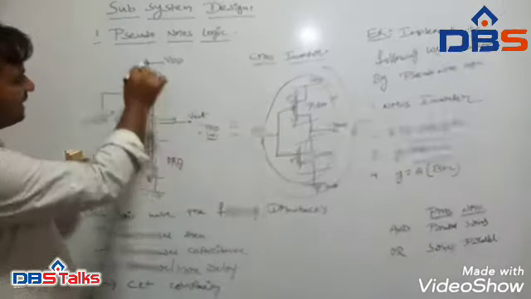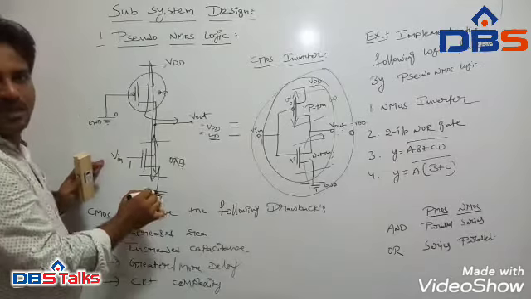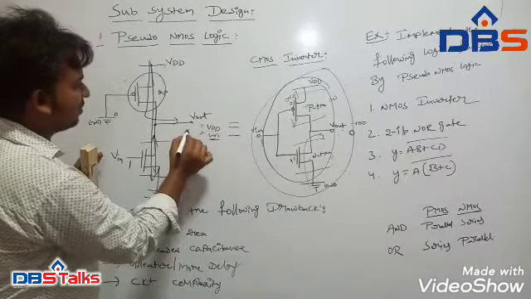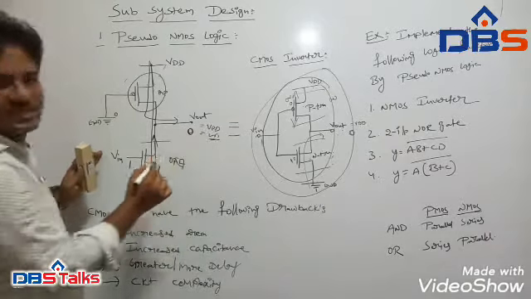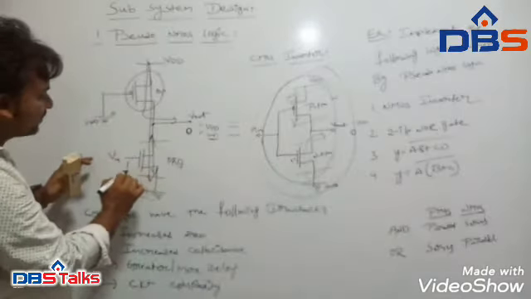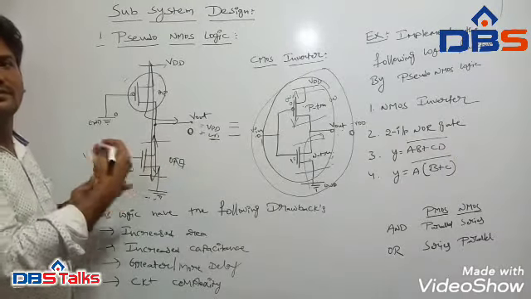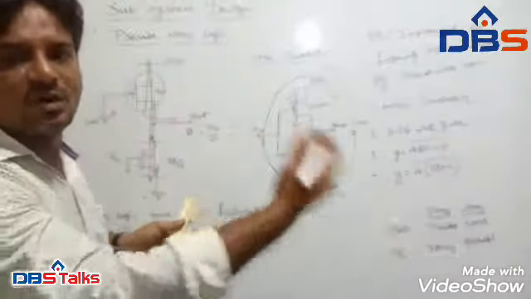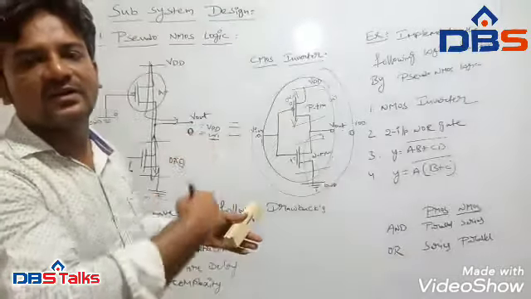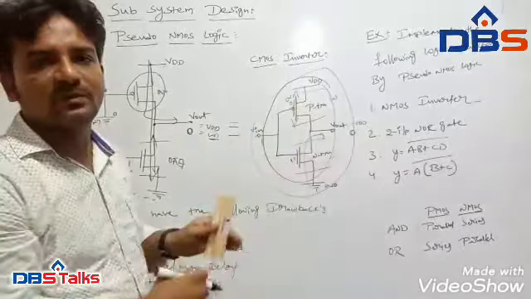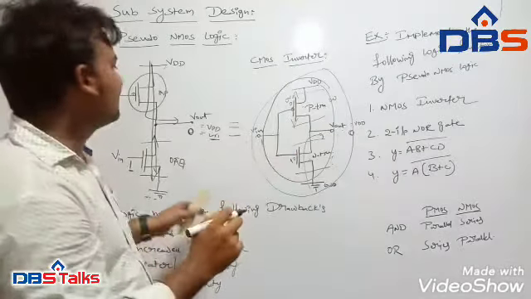That means the entire VDD voltage will be pulled down to the ground voltage, so the output is equal to 0. That happens when the input voltage is high. So whenever we give a low voltage the output will be high, and whenever we give a high input voltage the output will be low. So it performs the inverting operation.